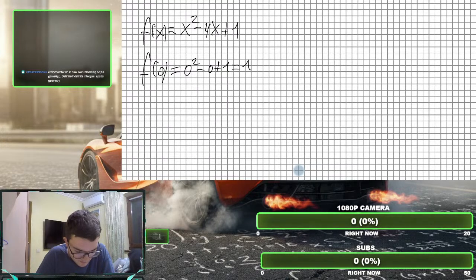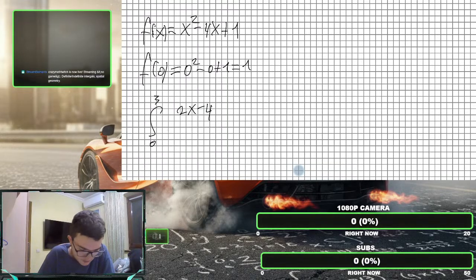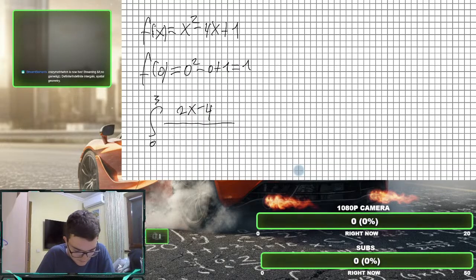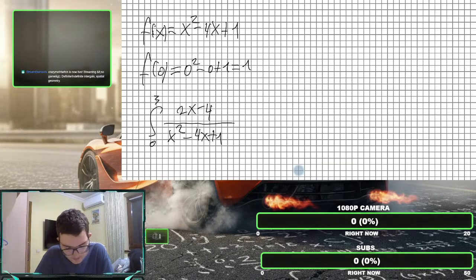Now, this definite integral is from 0 till 3, and it has 2 times x minus 4 divided by x to the second power minus 4x plus 1. So basically I have to solve this and compare it with f of 0, which is 1.